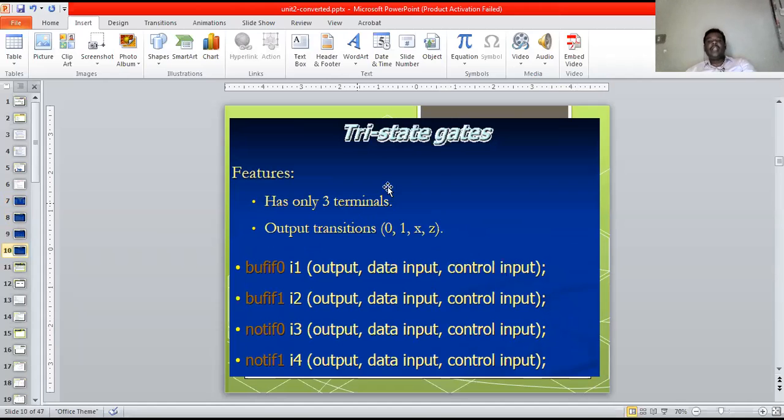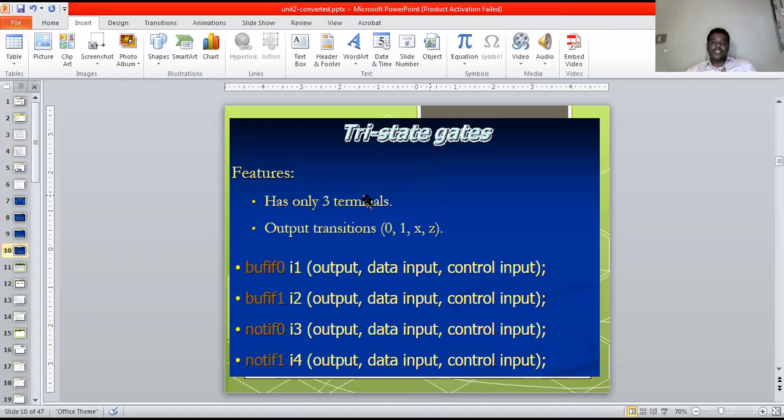Its name implies that it has three terminals. What are the three terminals here? It has a data input terminal, a control input terminal, as well as the output terminal here. We will see some picture representations of the tri-state gates in the coming sessions.